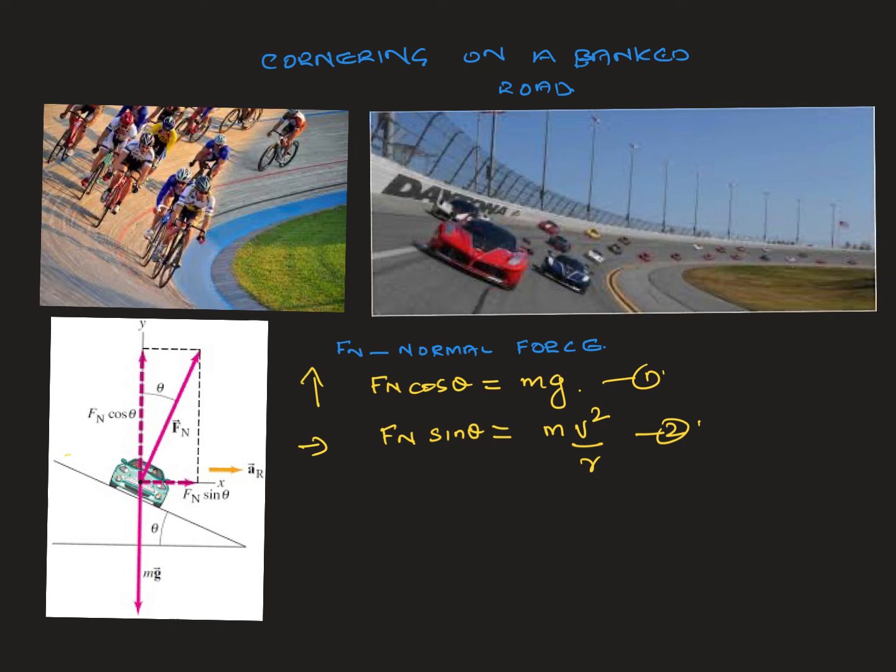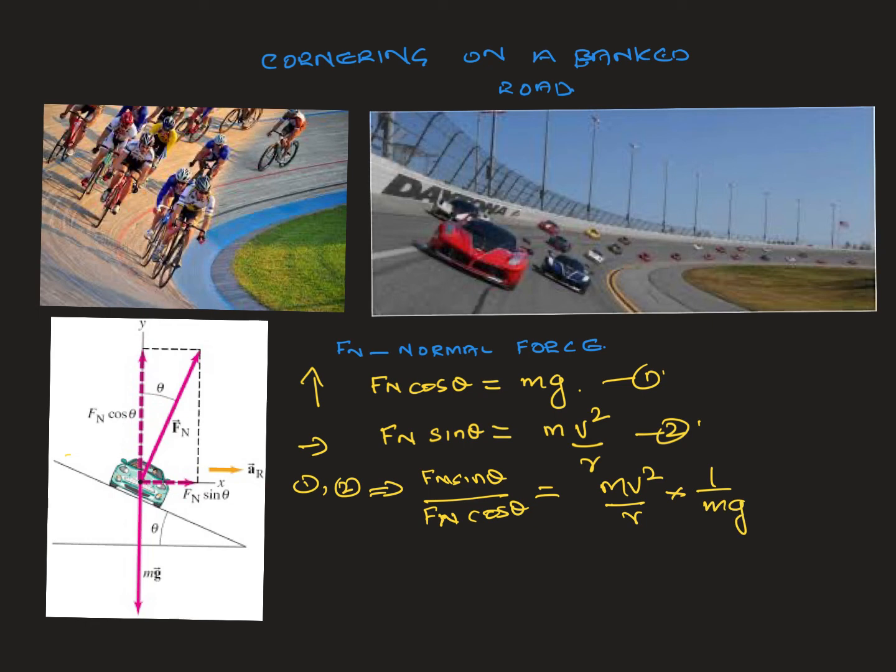Now, from equations 1 and 2, if we divide 2 by 1, we get Fn sin theta divided by Fn cos theta is equal to mv squared over r divided by mg.